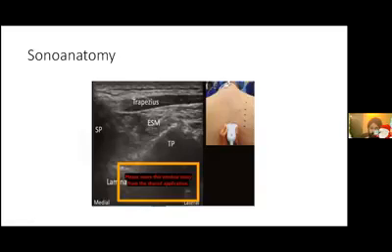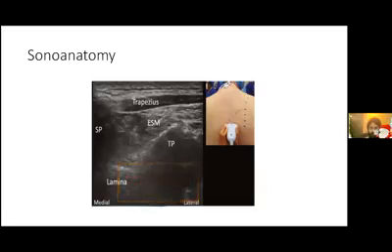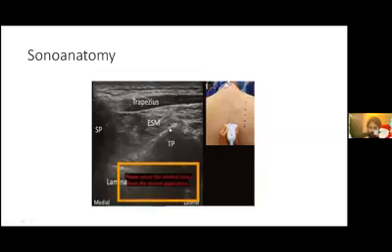So coming to the sonoanatomy, we start by keeping the probe horizontal, mostly at the T4-5 level, and you can see the anatomy like this. In this figure, this is the medial part and this is the lateral part, and this is the impression of the spinous process, the lamina, and then the transverse process.